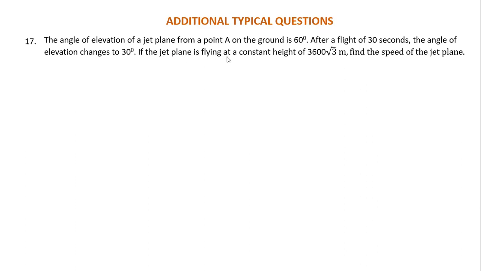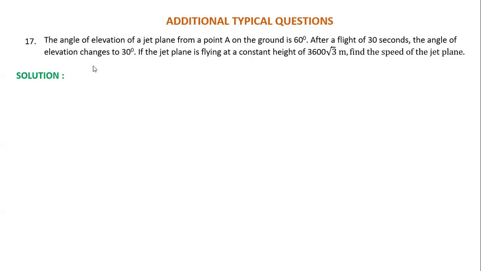If the jet plane is flying at a constant height of 3,600 root 3 meters, find the speed of the jet plane. These are additional questions, very typical, and they were asked in some of the previous question papers. That's why I consider this, so go through these questions very carefully.